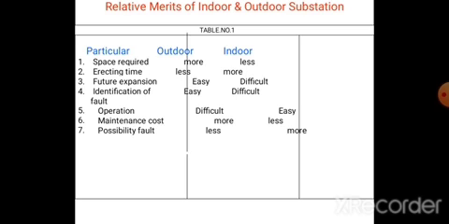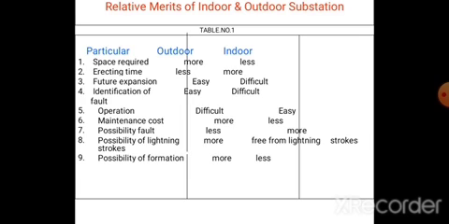The possibility of fault in an outdoor substation is less, and in an indoor substation it is more. The possibility of lightning strokes is more in an outdoor substation, and less in an indoor substation. And the possibility of formation is more in an outdoor substation, and less in an indoor substation.